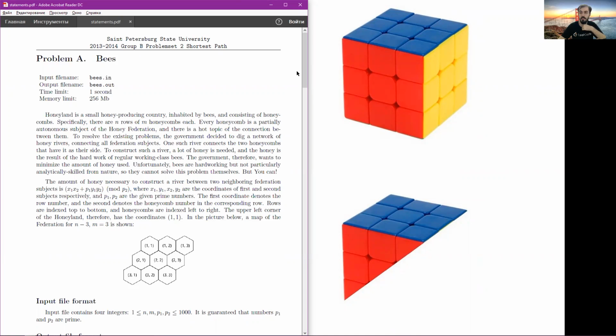I hope you enjoyed, I hope it was helpful, and it certainly was helpful for me because I did not have these template algorithms before.